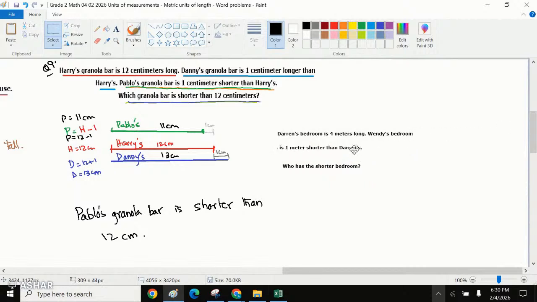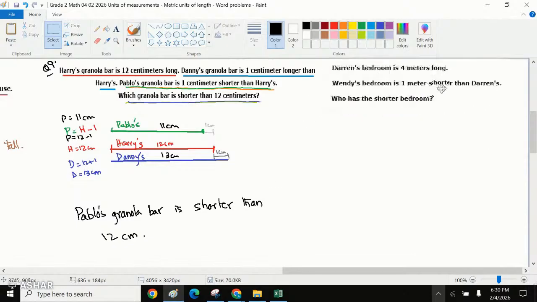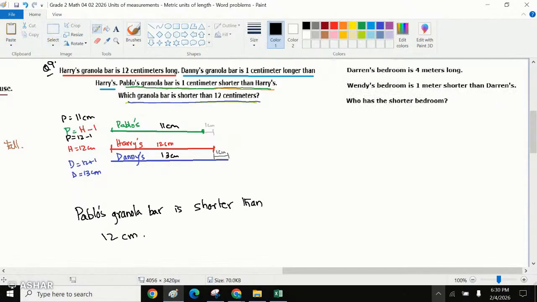Wendy's bedroom is 1 meter shorter than Darren's. If this is the question given to us, or it says question number 10, we can change the statement.